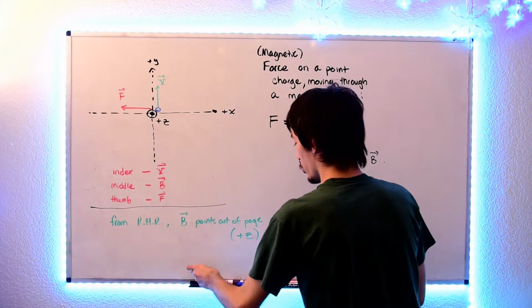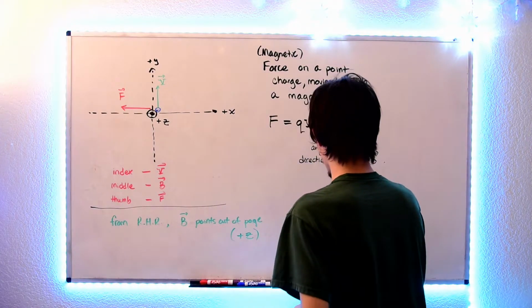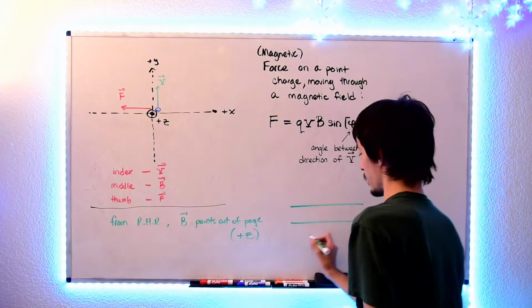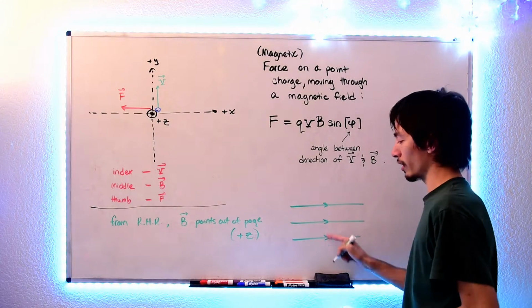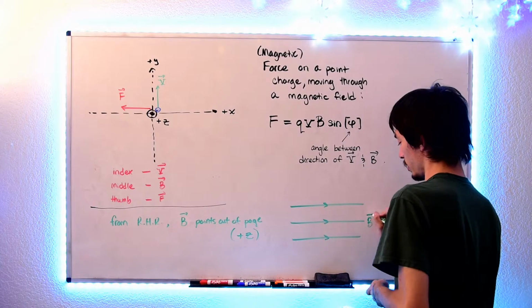So just a quick conceptual example, if you have that there is a magnetic field which goes, let's say, left to right. So I'm indicating with the magnetic field lines, arrows to the right, so that's the magnetic field.